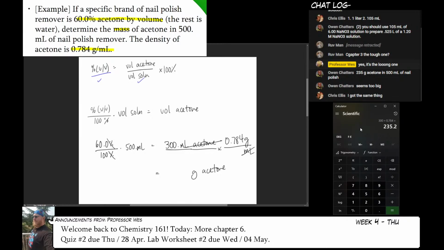And I get 235.2, which to 3 sig figs is just 235. Which is what you all got, and that's great. And so it is going to be a lot, but the reason that it is a lot is because 60% of the solution is acetone, so it's going to make up a significant part of the solution.